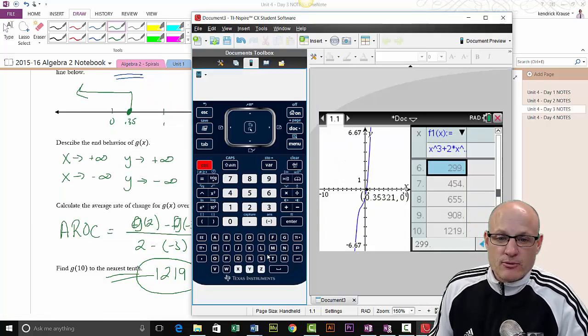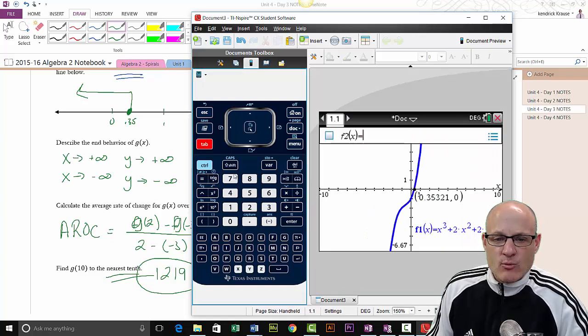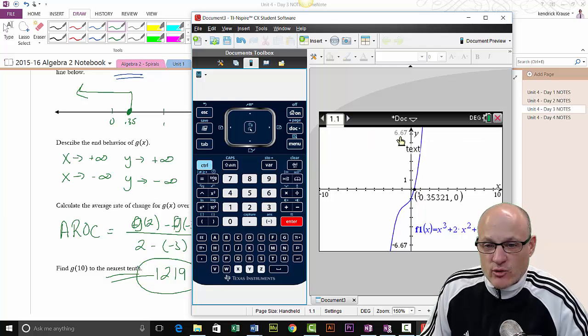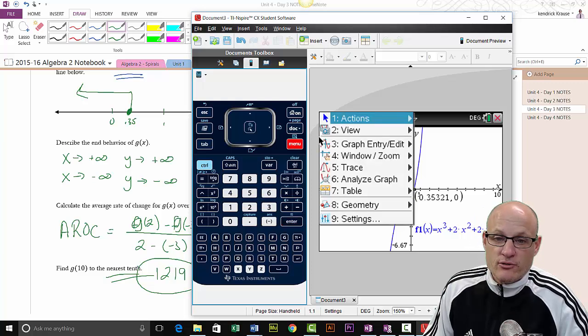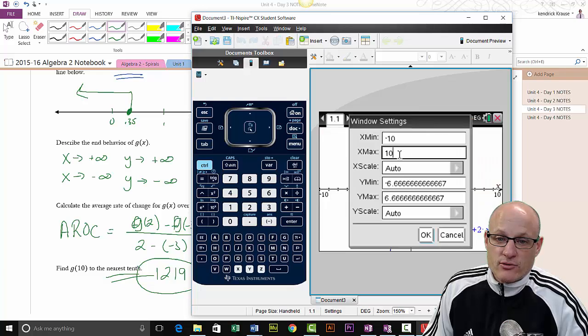Let's get rid of our table. And what we want to include is we want to hit a tab and we want to hit 10. And we want to see where they hit. Well, if the highest I go is 6.7, clearly I'm not going to see that line I just drew. So I'm going to go into menu, change my window setting, and change my Y max to like 15 or something.